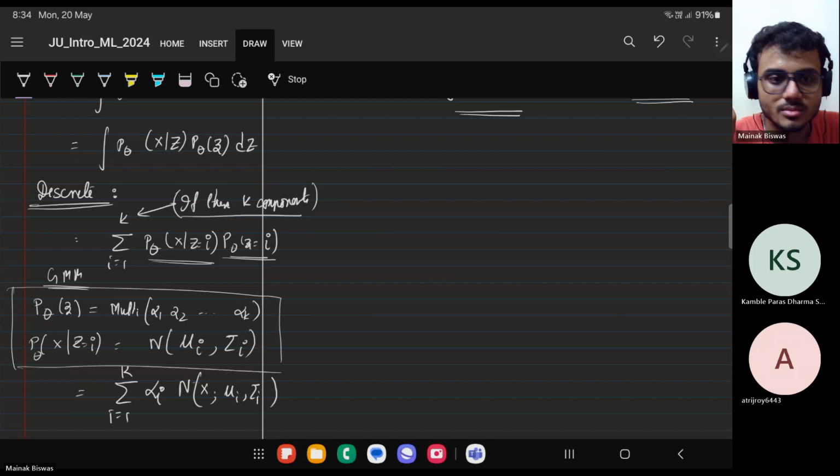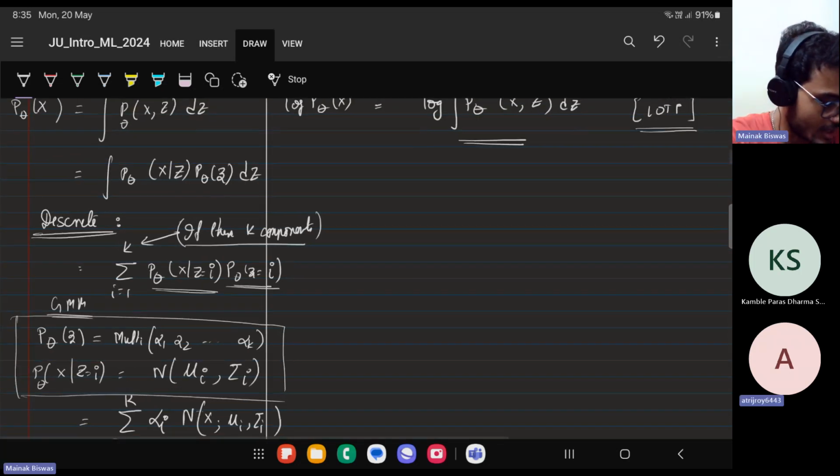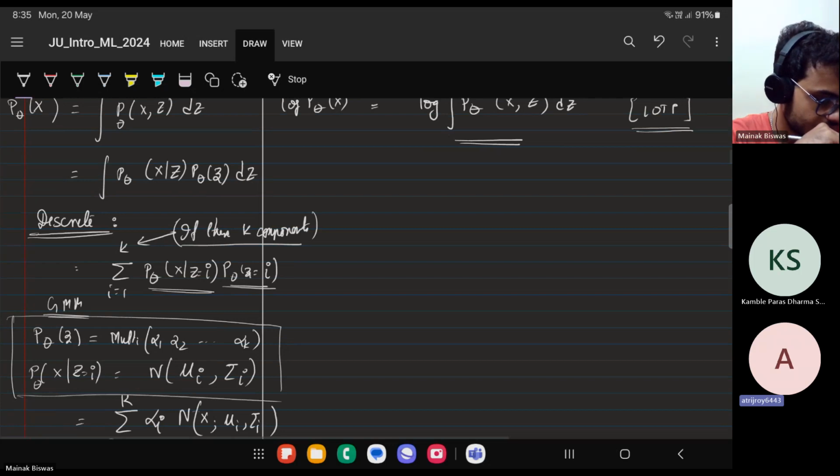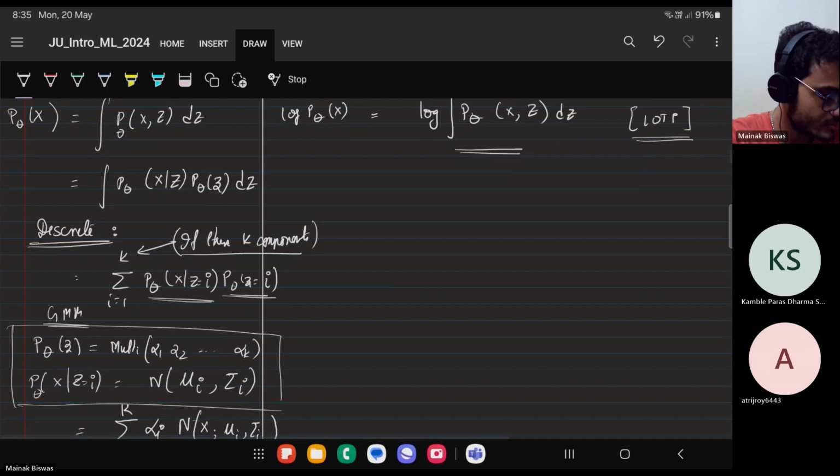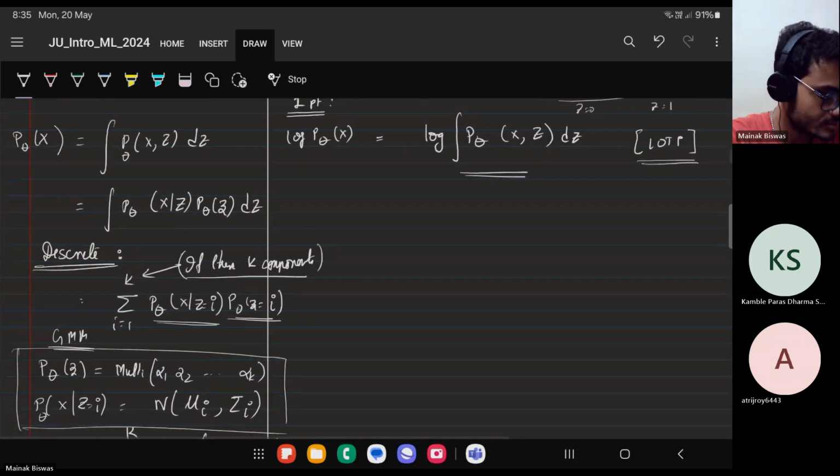Another thing: this distribution in particular, will you be using properties of it? Which distribution property? The multinomial.